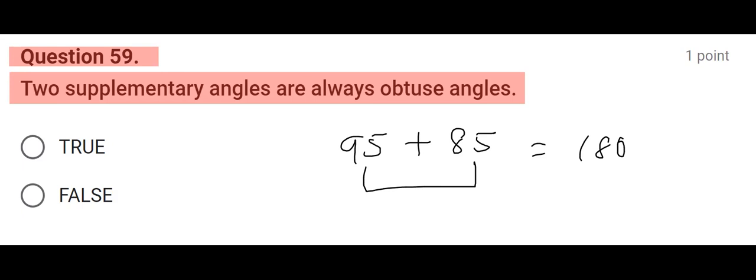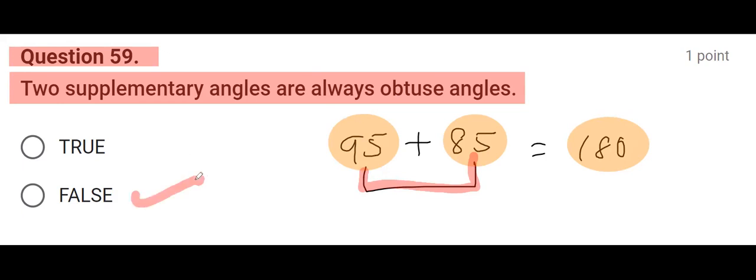But they are saying that both the angles should be obtuse. Not possible. What we should know is that if one is obtuse, the other has to be acute, or if one is acute, the other has to be obtuse in order to become supplementary angles. So this is also a false statement.